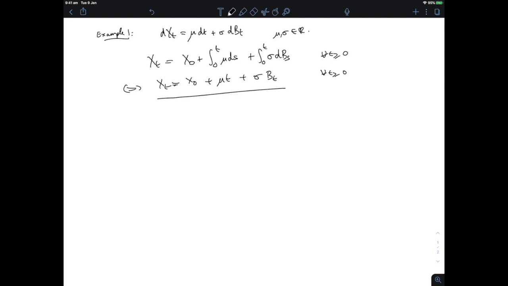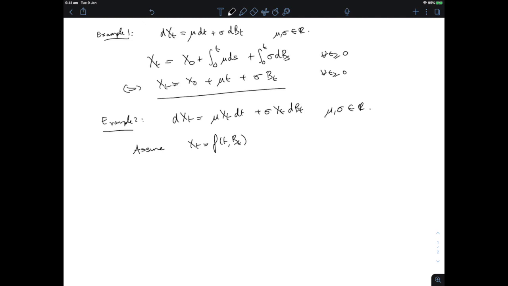Okay, so let's have a look at a more interesting example now. So example 2, I'm going to take the processes mu(t, X_t) and sigma(t, X_t) to be just a multiple of X_t itself. So not constant, but linear. So I'm looking at dX_t = mu X_t dt + sigma X_t dB_t, linear in the second variable, where mu and sigma are in R. And what I'm going to do is assume that X_t is a function of time and the Brownian motion.